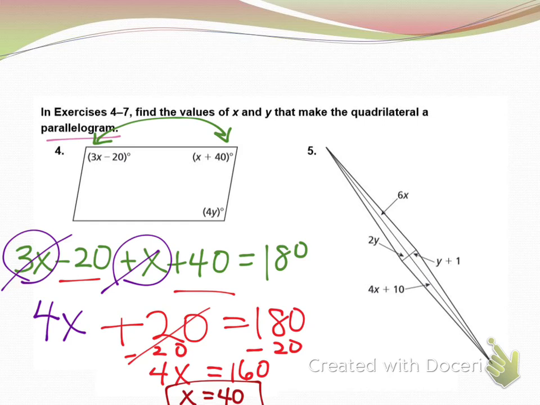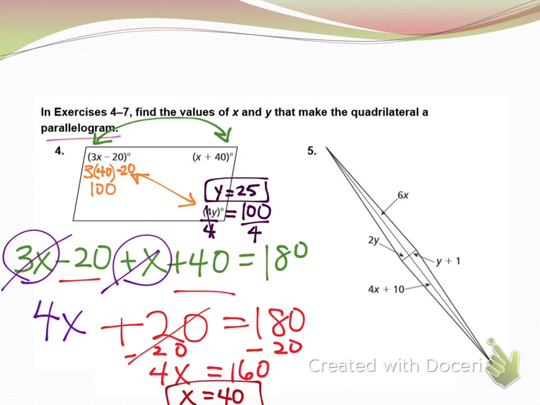Which x would we like to plug it into? Because they're opposite, they're going to be congruent. So whatever this angle is, when I plug in 40, 3 times 40 is 120 minus 20 is 100. So 4y is equal to 100, divided by 4, and y equals 25.